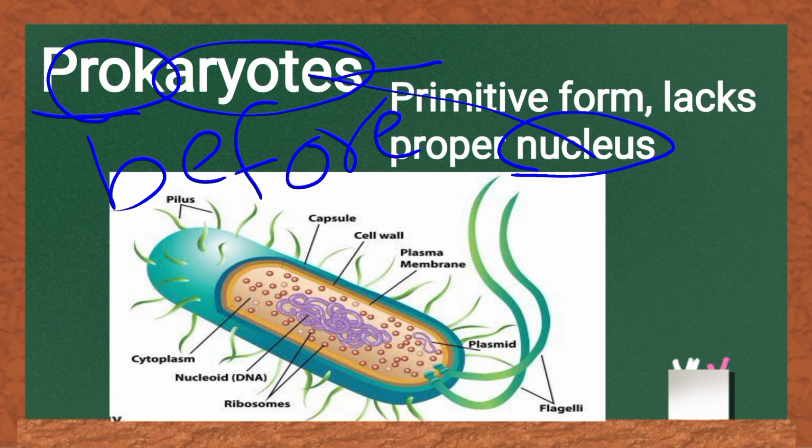Here you can see this is the genetic material of a rod shaped bacteria. Here you can see these are the ribosomes, and this is the DNA. This DNA is not enclosed by a nuclear membrane or proper structure. So these are the organisms which lack a proper nucleus, they do not have a nuclear membrane. These are the structures which were formed before the proper nucleus, which we can see in eukaryotic organisms. The examples of prokaryotes are bacteria and cyanobacteria.